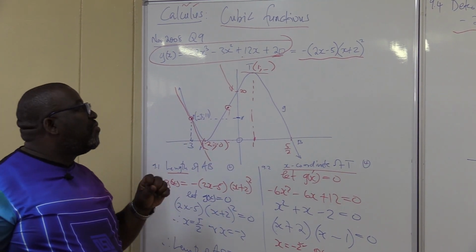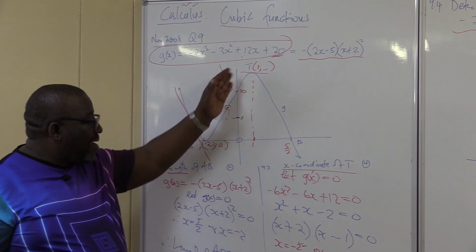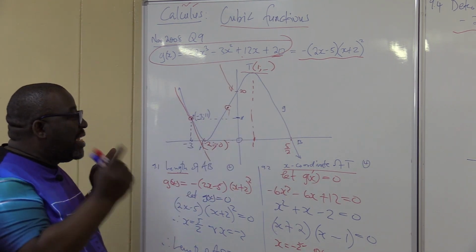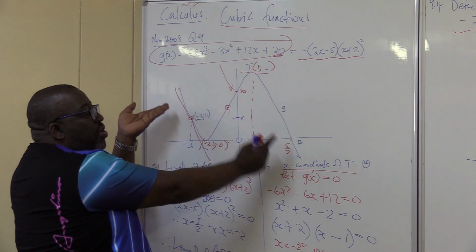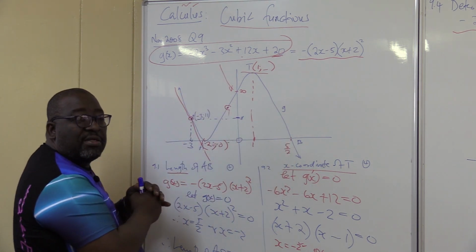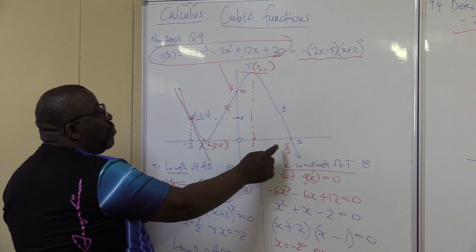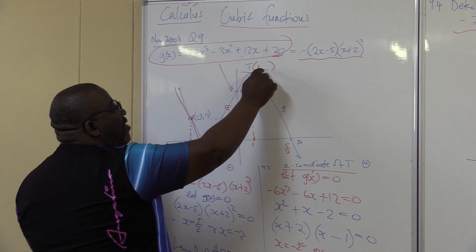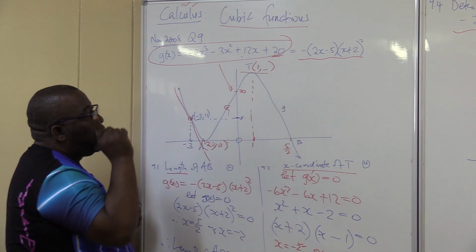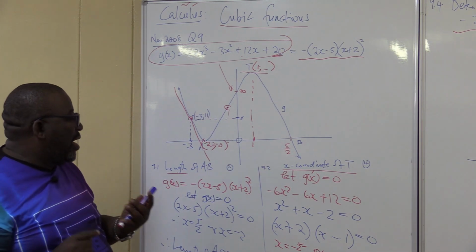It means that we would have shifted it up so that it will only touch on this part. If you shift it up, it will be above this value here, which we don't know. I think we need to calculate that value as well.